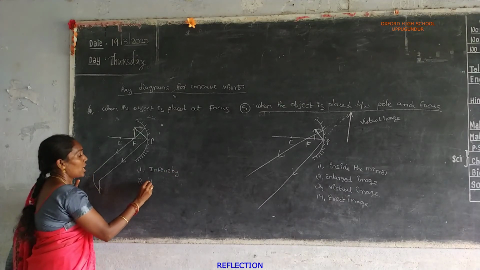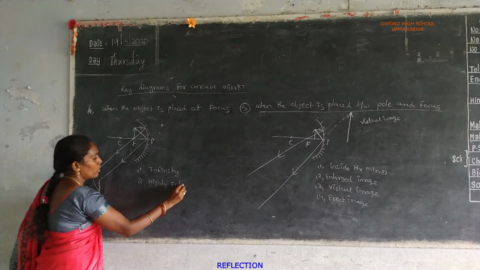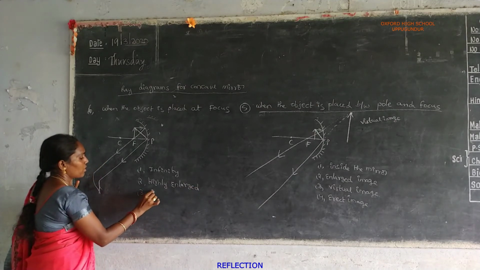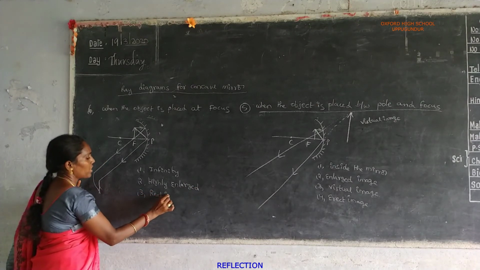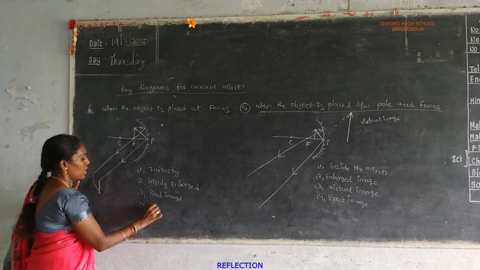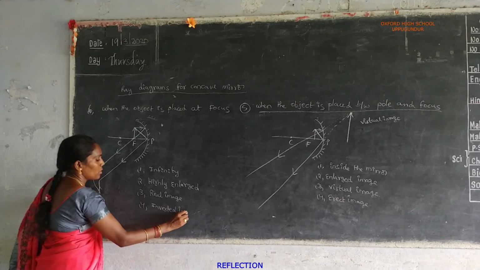Here this is a highly enlarged image, and this can be caught on the screen. That is, it should be called a real image. And next, it is an inverted image.